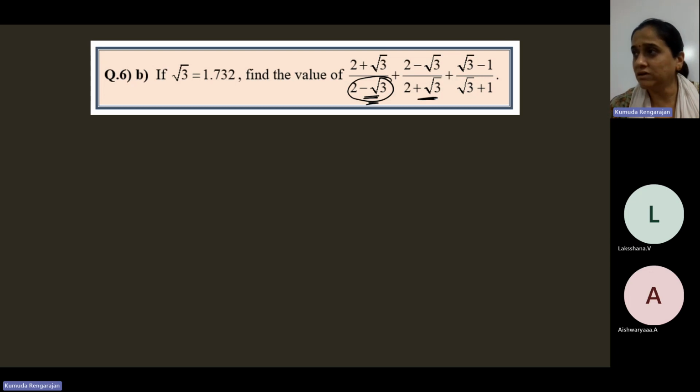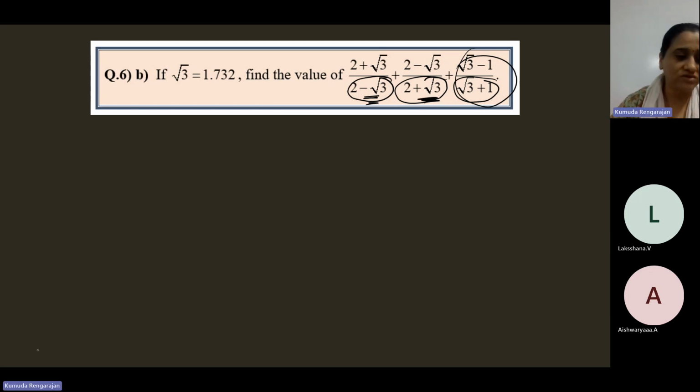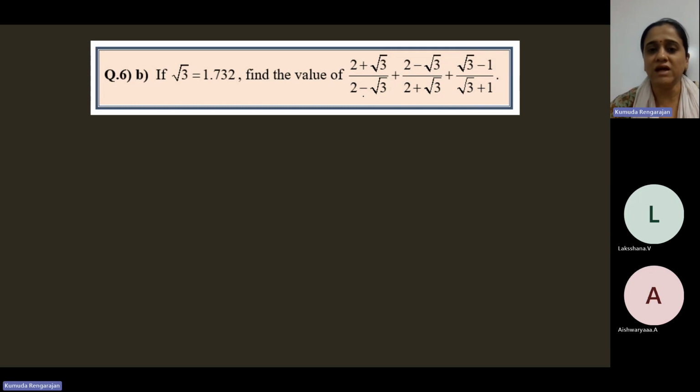Then we'll take up this one. The denominator is irrational. We'll rationalize the denominator. That is step 2. Then we'll take up this one. The denominator is irrational. We'll use the conjugate and rationalize the denominator. That's the 3rd step. And in the 4th step, it will be the answer we get in step 1 plus the answer in step 2 plus the answer in step 3, and that will give us the final answer.